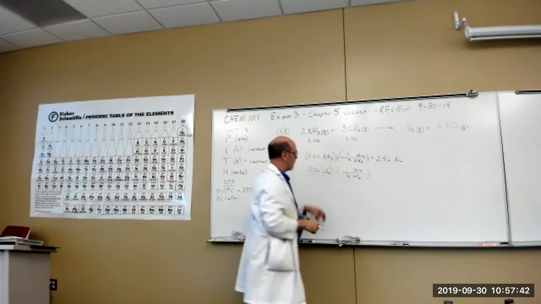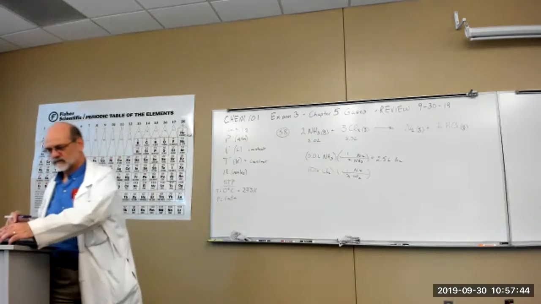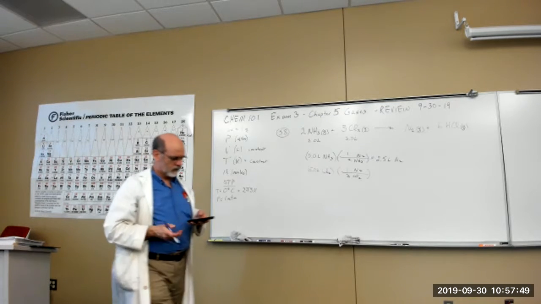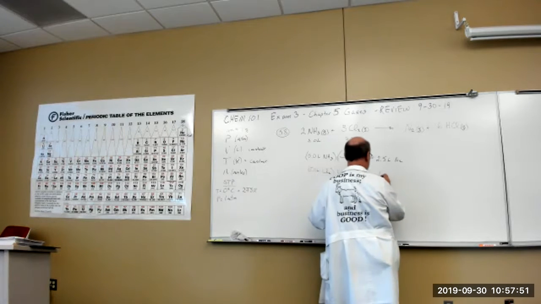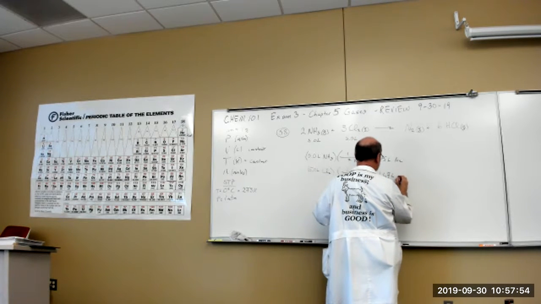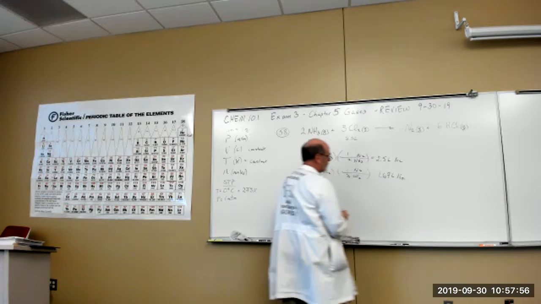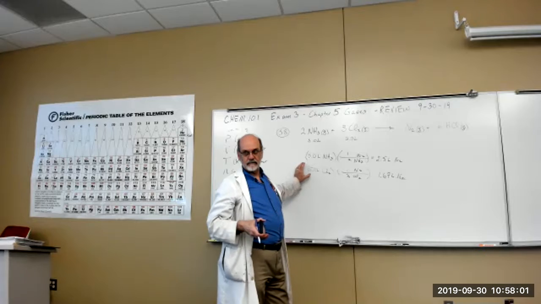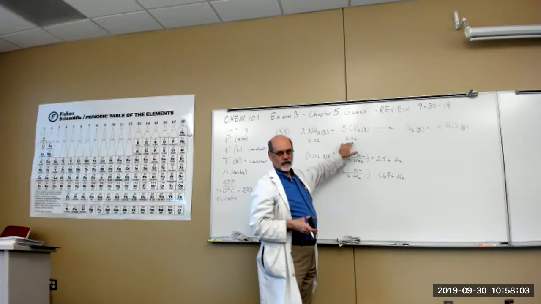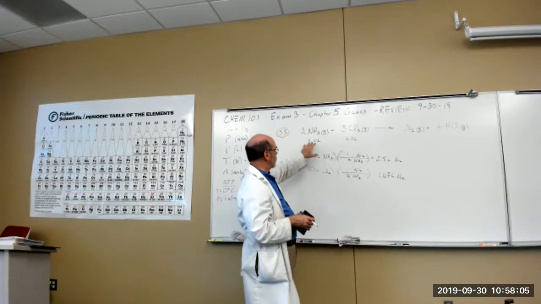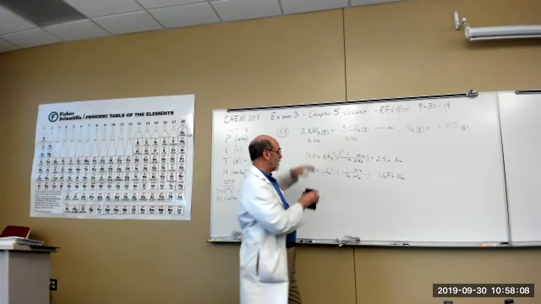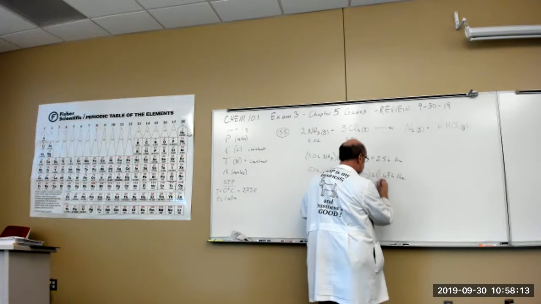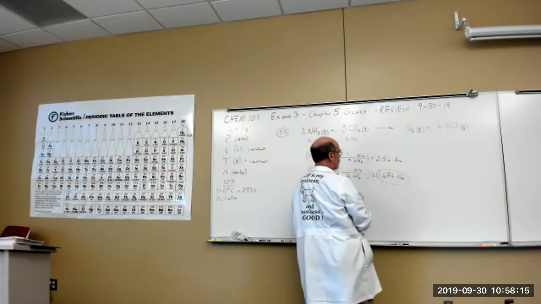So 3 divided into 5 is 1.67 liters of nitrogen. So chlorine produces the least amount, which means it is limiting. So we're going to use up all of the chlorine. It's gone, but we have some of this left over. So when the reaction proceeds, we're going to produce that much nitrogen from that chlorine.